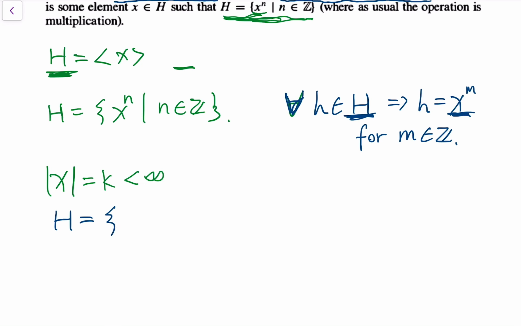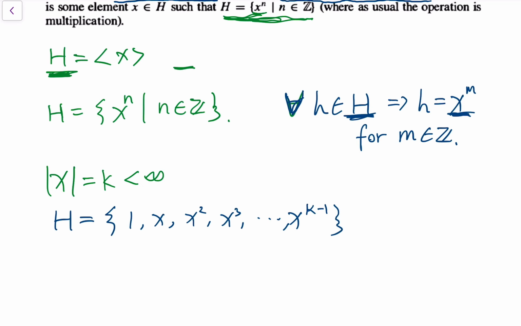It contains the elements 1, x, the generator itself, x squared, x cubed, and so on until x to the k minus 1.